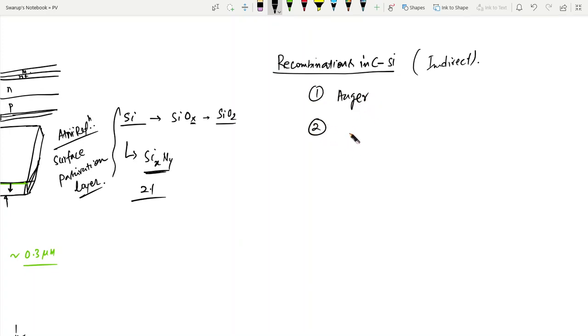And what else? On the surface of the crystalline silicon, before getting into the other types, I'll just tell a few pieces of information. In a crystalline silicon solar cell, does it have any defects? It's crystalline, right? Let's say a perfect single crystal. So inside the bulk, the chances of defects will be much lower, right?